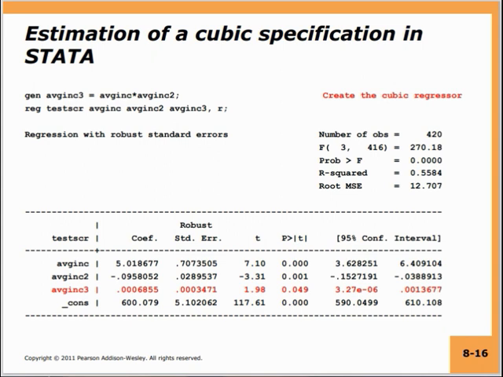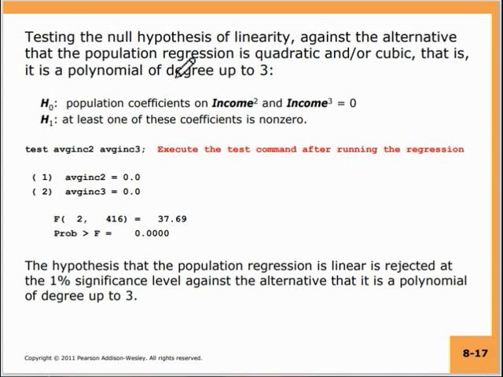Okay, so now suppose you want to test the null hypothesis of linearity against the alternate hypothesis that the population regression is quadratic and or cubic. That is, it is a polynomial of degree up to 3.